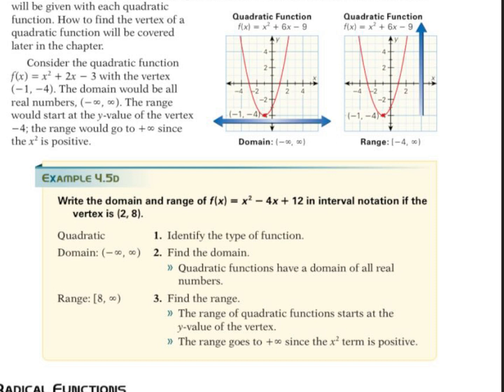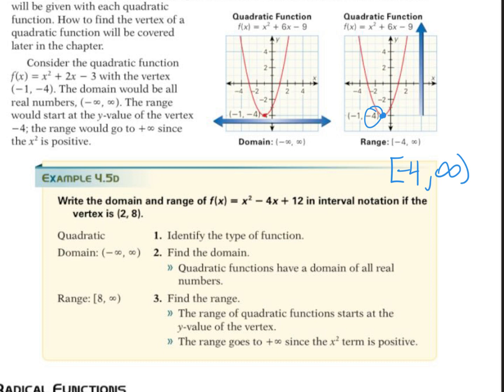Your range is going to depend on your vertex. You have to think about which way it's opening, up or down? Up, so that means the vertex is the lowest point. It's a minimum. So it starts at the y coordinate of the vertex, which is -4, and goes up to infinity.